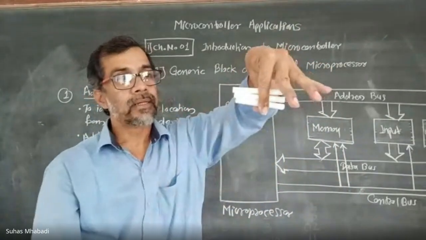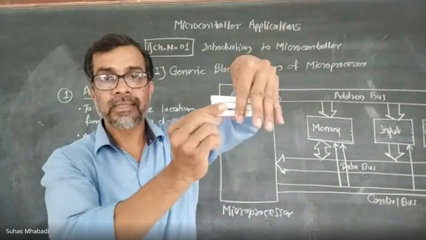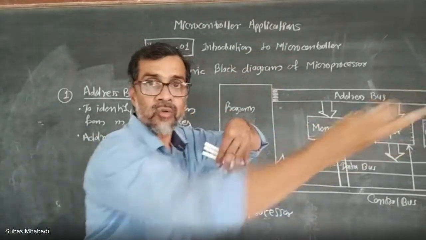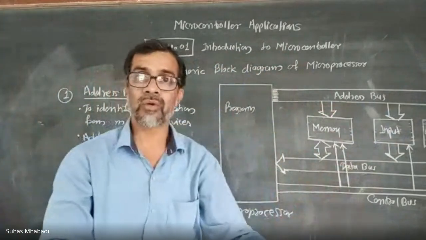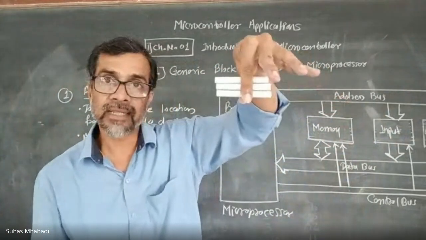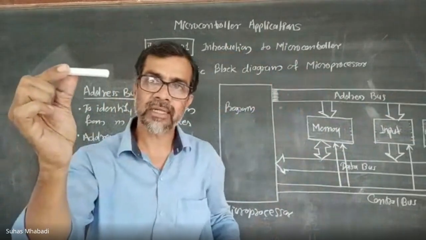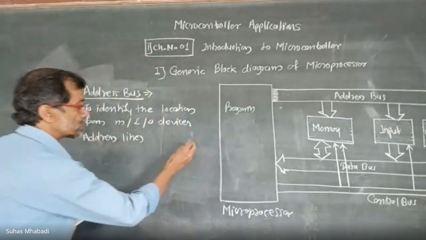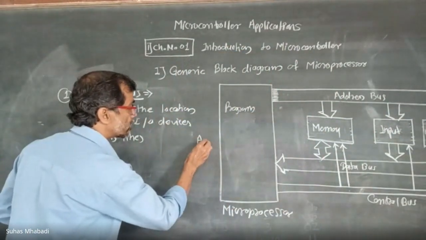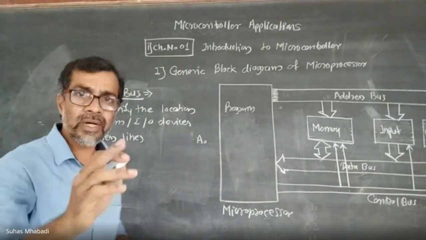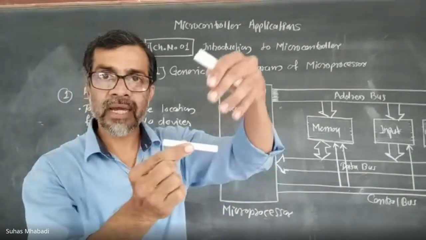Now, the number of lines depends upon the size of memory, input devices and output devices. How many locations I want to identify will decide the number of lines. So basically, the first line is called A0, and then A1, A2, A3, A4, A5, A6.